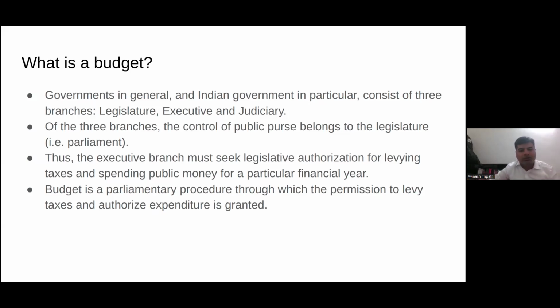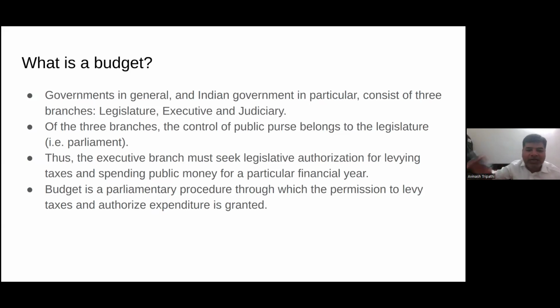The parliament consists of different houses. You have the lower house called the House of the People or Lok Sabha. You have an upper house called the House of States or Rajya Sabha. And technically, the president is also part of the parliament. So your parliament or legislature consists of the president, the Lok Sabha, and the Rajya Sabha.